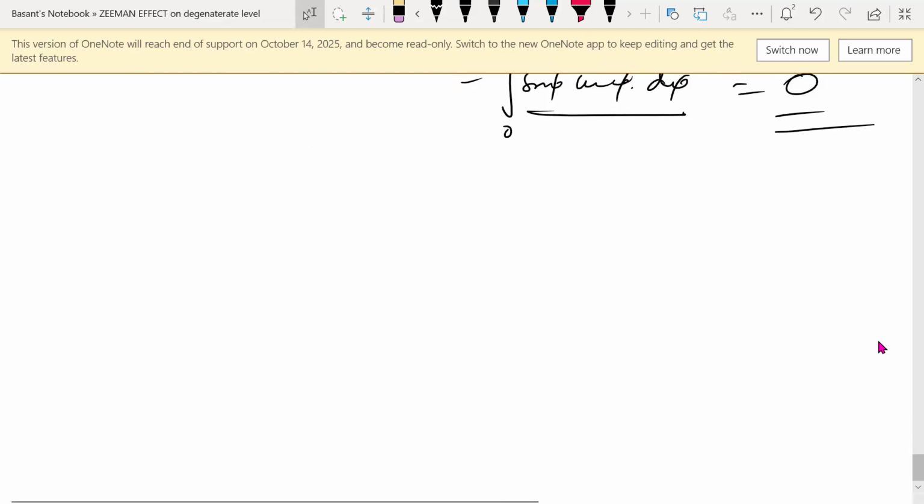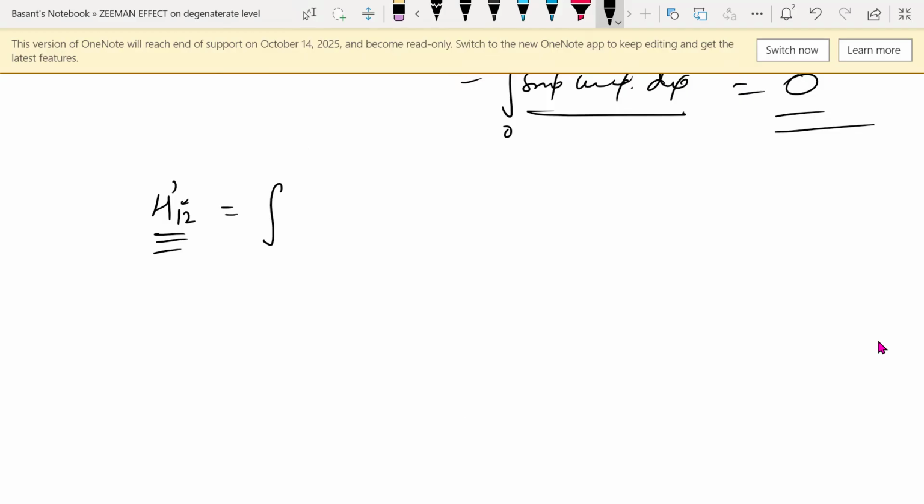Now we go for H dash 12. What is H dash 12 here? For this H dash 12, first of all we take wave function 1, root under 2 by pi alpha and r times e to the power minus alpha r square by 2, and for function 2 the radial part is the same term.